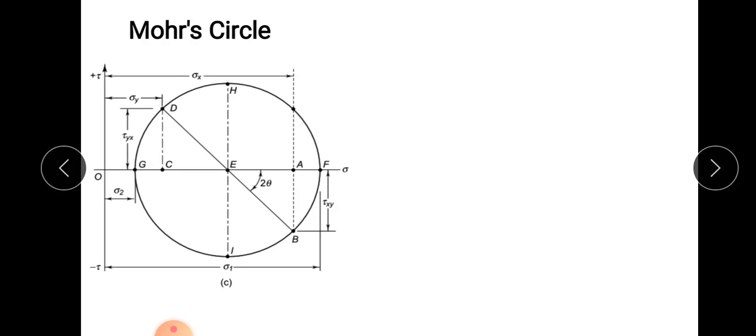So now first of all, you have to plot the following points. Whenever you are using the graphical method of a Mohr circle, first of all let us understand what are the conventions which are used to construct the Mohr circle. Let us consider sigma x, sigma y, these are nothing but the normal stresses, and sigma 1 and sigma 2, these are nothing but the principal stresses, right?